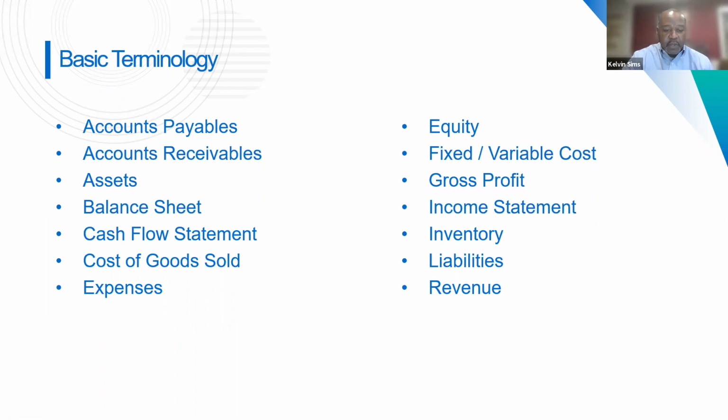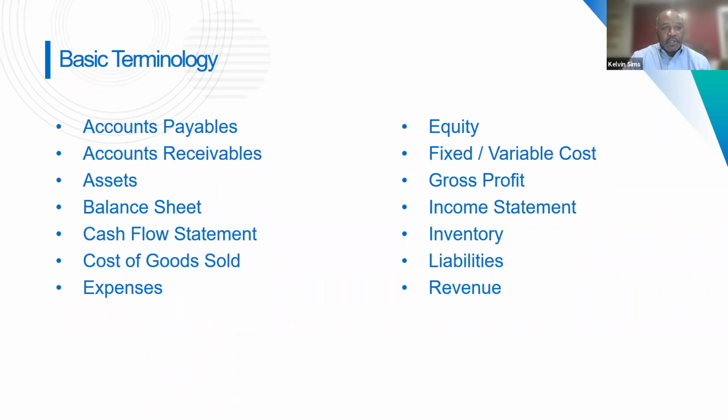Expenses are your other items that may not be tied to your cost of goods: rent, your supplies, those things could be a little bit separate, your insurance. All those things are your expenses. The equity is taking your assets minus your liabilities, the things that you owe. Whatever is left, that's the equity that you would have in your company, positive or negative.